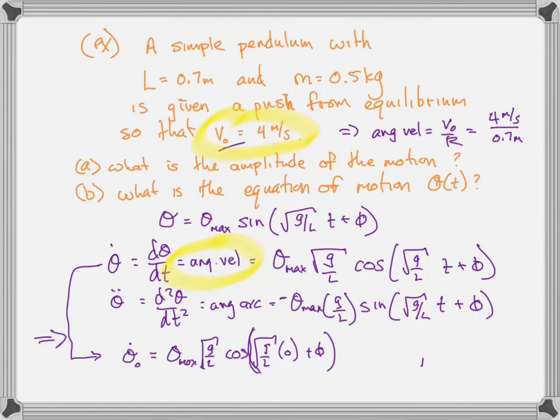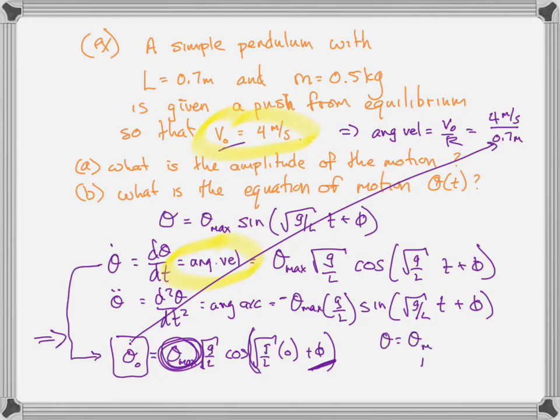We know the angular velocity. We know g, we know L. What we're looking for is theta max. We want that. Do we know phi? I left that off, right? We could have figured that out to begin with.